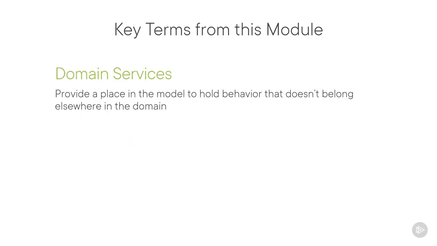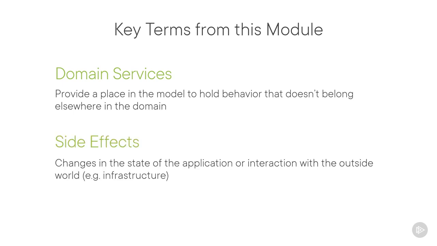We also learned about domain services, and these are interesting because domain services give you a place to put logic and behavior that you can't find a home for in the entities and value objects in your domain. And the last term that we want to review is side effects. Side effects are changes that occur in your application or any kind of interaction with the outside world. Now, technically, any change to the state of the application can be considered a side effect.